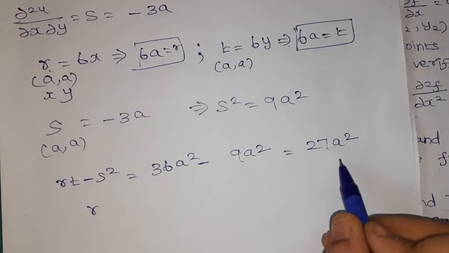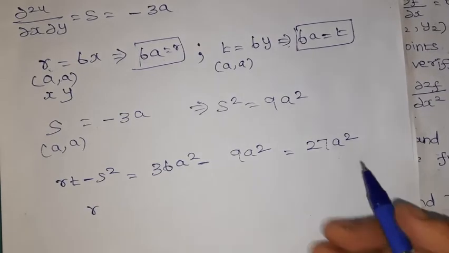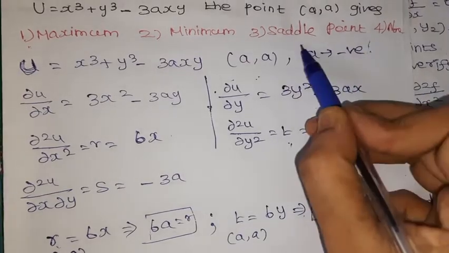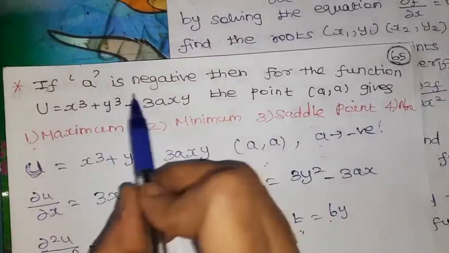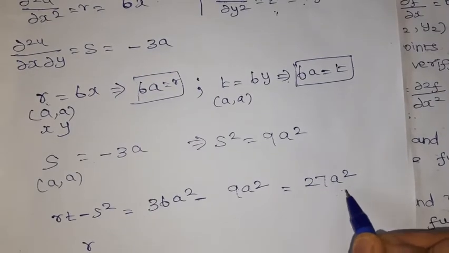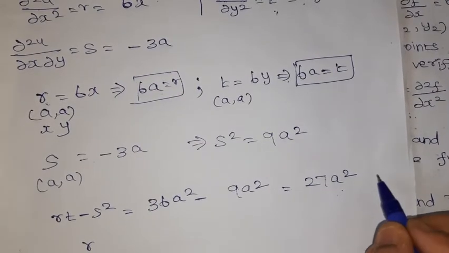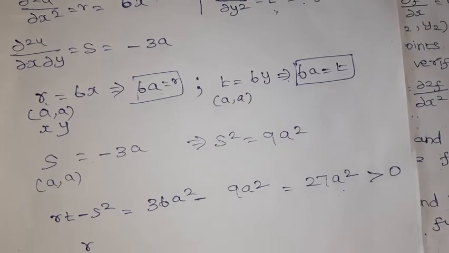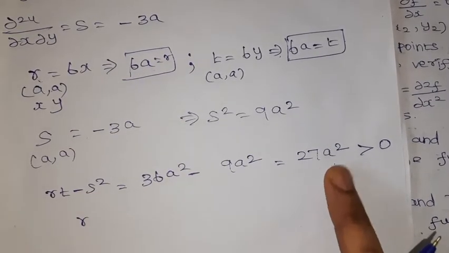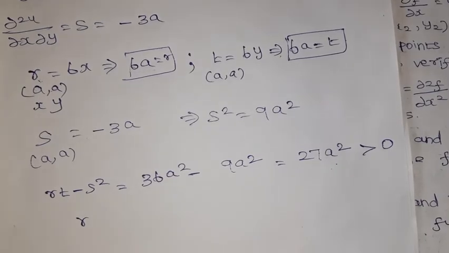Then we need to find the R value, to determine whether it is maximum or minimum. One condition is given: A is negative. If A is negative, A squared will be a positive value, so this will be greater than 0. So RT minus S squared is greater than 0.